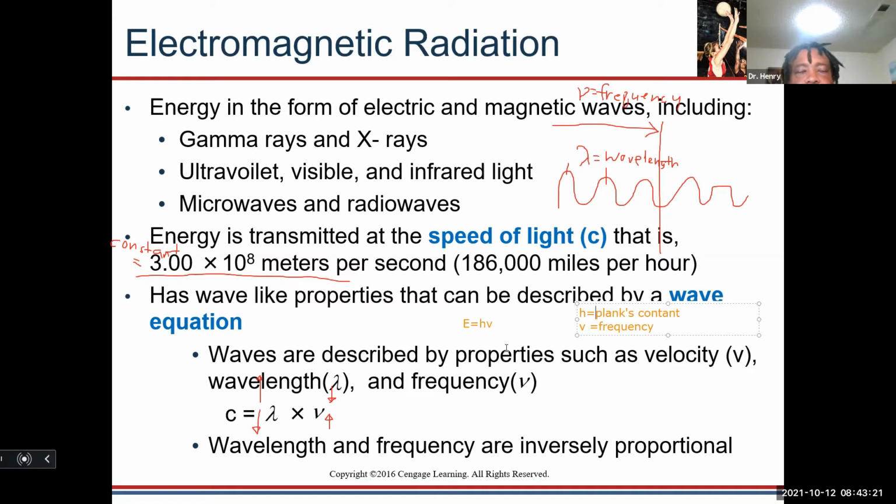So this allows us to look at the frequency, or we could even look at the wavelength, and associate it to energy, right? We know that Planck's constant is a constant because it says so in the name. So regardless of the value, it's always going to be exactly the same. That means we're setting energy directly proportional to frequency. So as frequency goes up, what's going to happen to the energy?